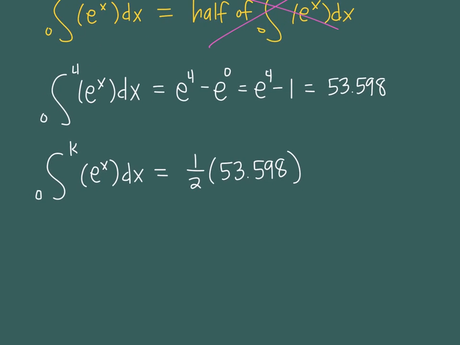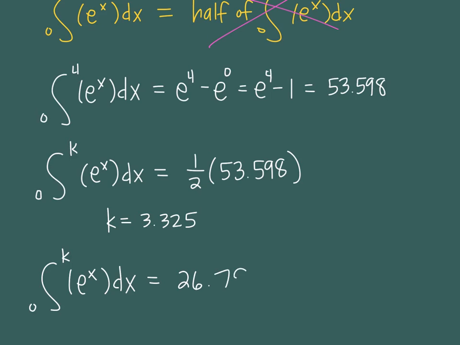And our calculator can solve that for us. So let me show you how to do that. And so to confirm, we have that 0 to k of e to the x dx did turn out to be half of what we were expecting, 26.798.